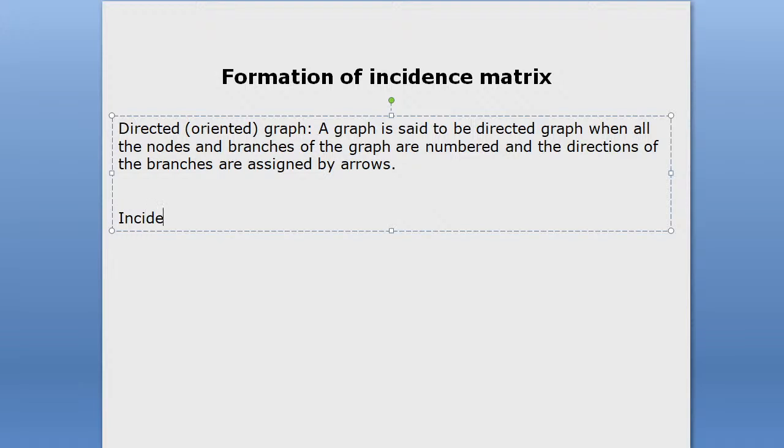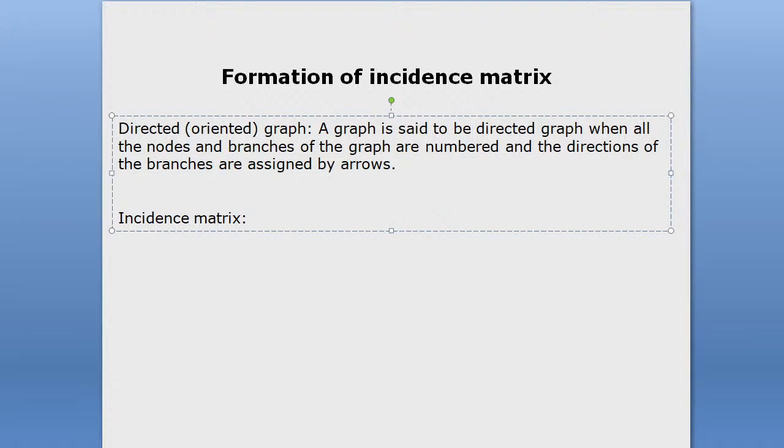Okay, actually we will try to understand about the incident matrix. What is the incident matrix? This matrix is formed by using the concept of a directed graph. That's why I have defined it here.